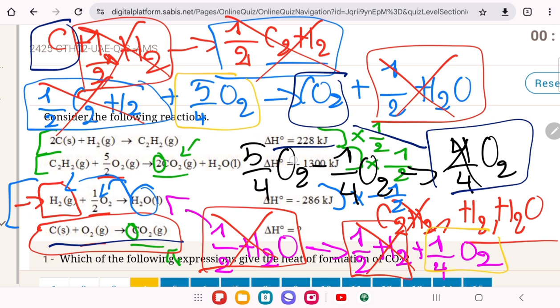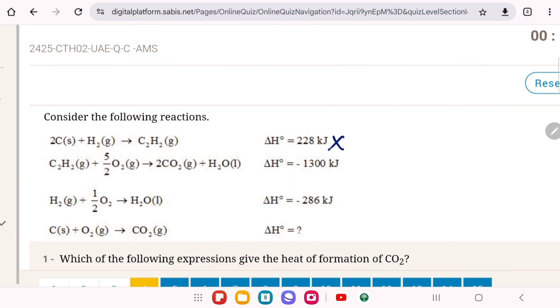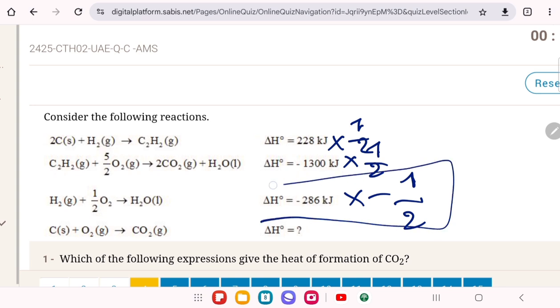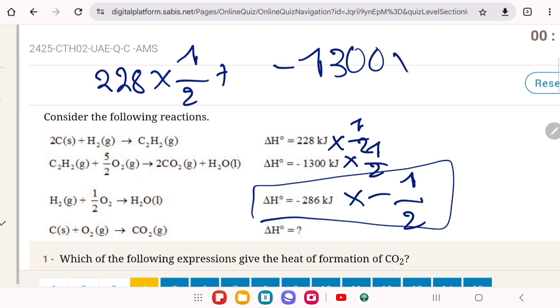And don't forget about the energy. We multiplied the energy. Here we multiplied this by 1/2, we multiplied this by 1/2, and we multiplied this by negative 1/2. Don't forget, negative 1/2. So it will be basically 228 times 1/2 plus minus 1300 times 1/2 plus minus 286 times minus 1/2.